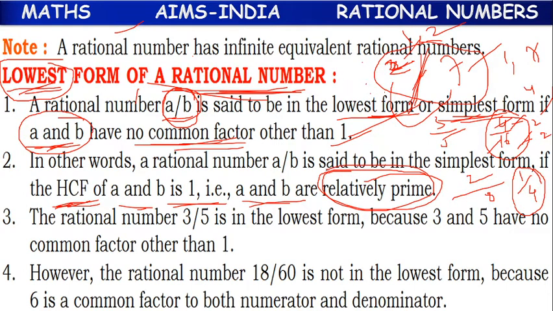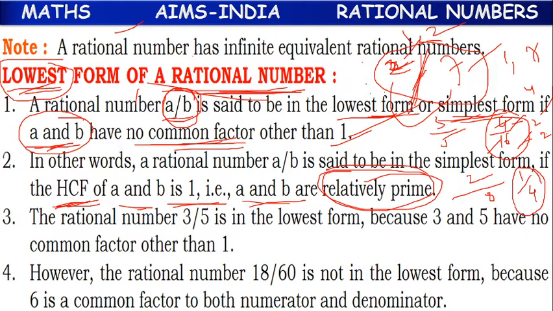Okay. So how can we tell whether a given rational number is in lowest form or not? If both the numerator and denominator have no other common factor other than 1, that is the first case, they are relatively prime. Second case, they are coprime. Third case, their HCF is 1.